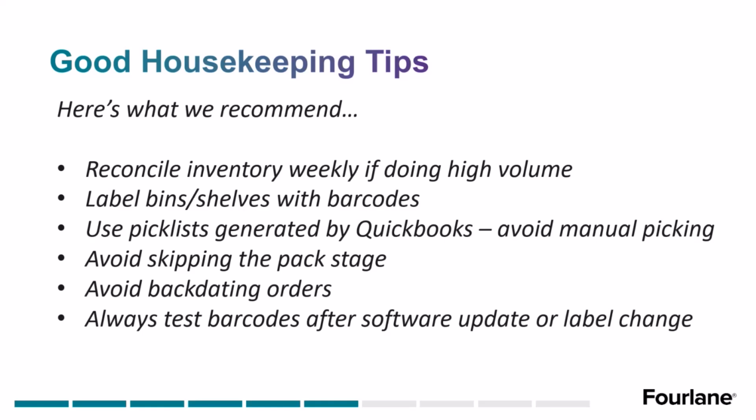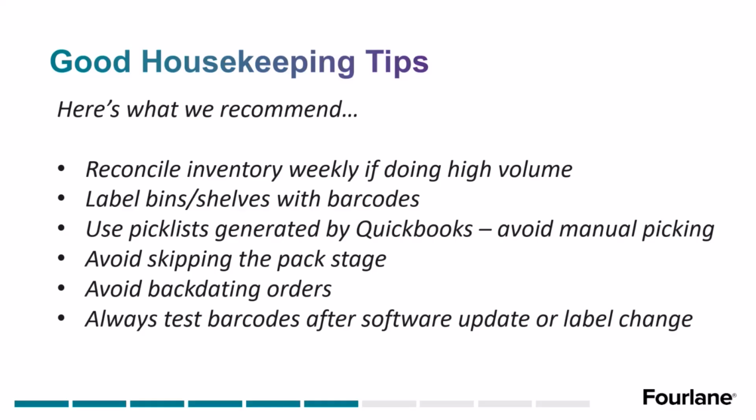Let's see. Avoid backdating orders. That's just not part of the workflow. We want to make sure things are accurate and we don't want to fall short. So we don't want to accidentally mark orders partially fulfilled.